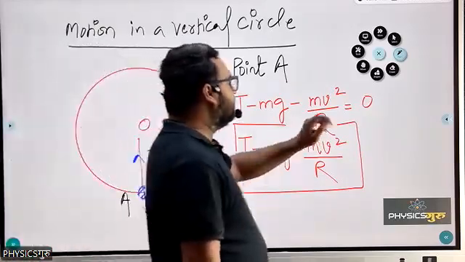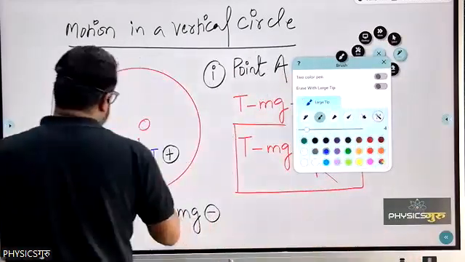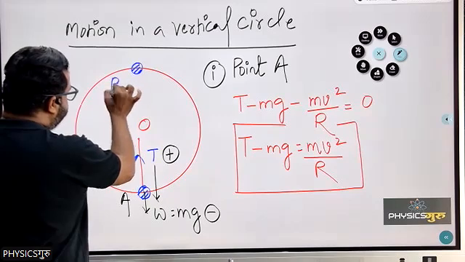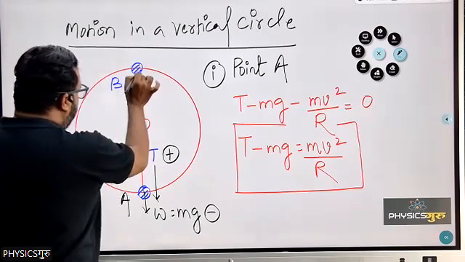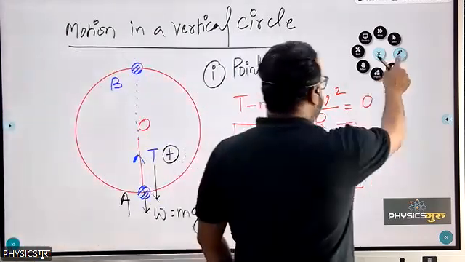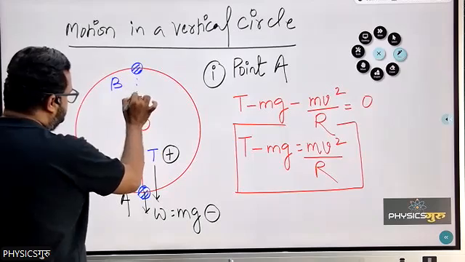Now let us assume this position as position B, the highest point. At this position, tension is acting away from the body, so tension is acting downward.